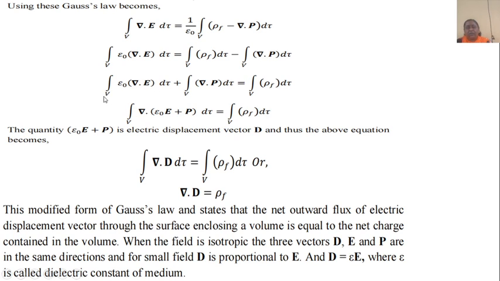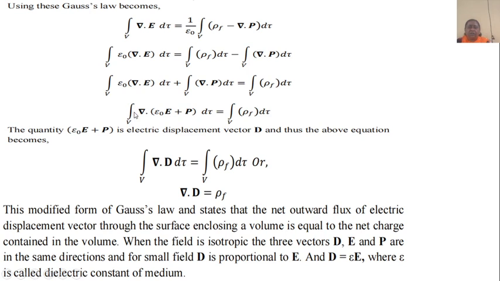So, integral over volume V epsilon 0 del dot E d tau plus integral over volume V del dot P d tau equal to integral over volume V rho F d tau.